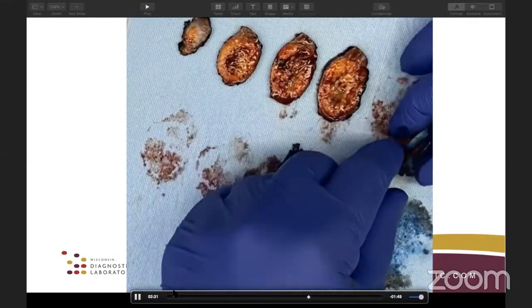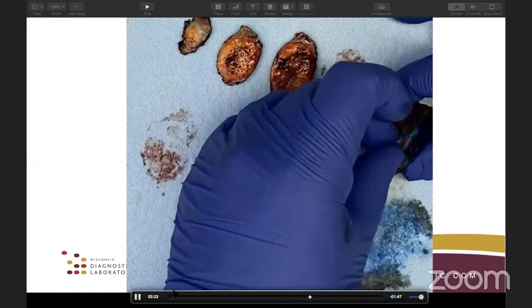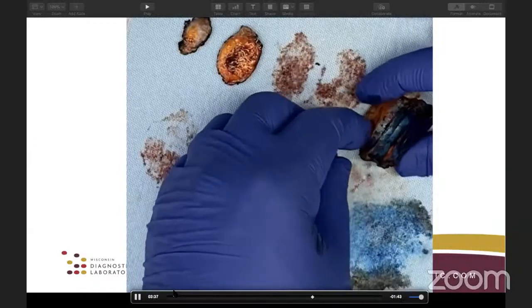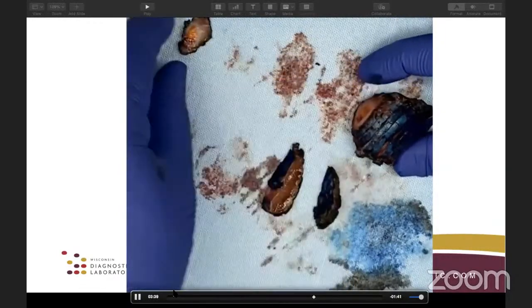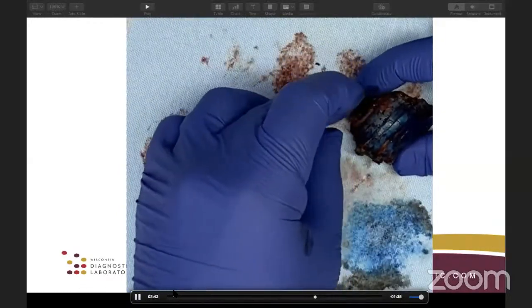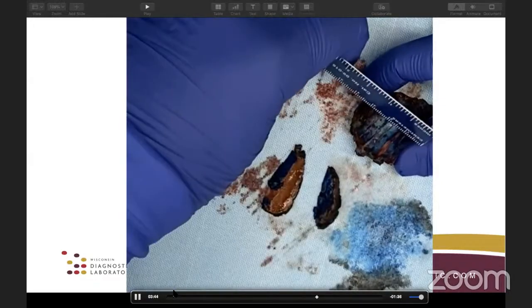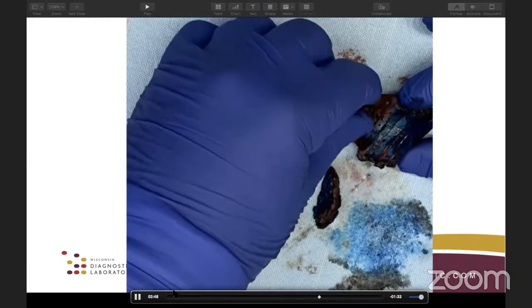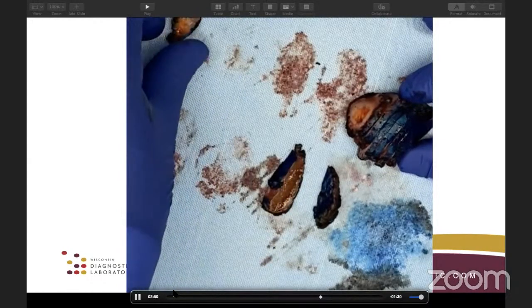Now what I'm doing here is I'll put all these slices back together because I want to get that dimension of the tumor. Okay. Then I'll lay them back out and get the other 2 dimensions.